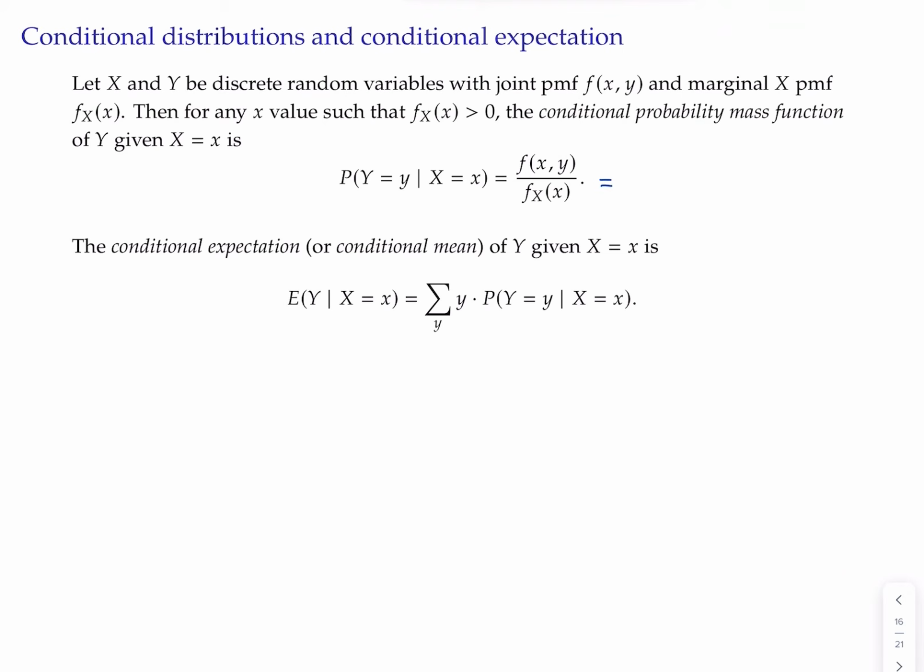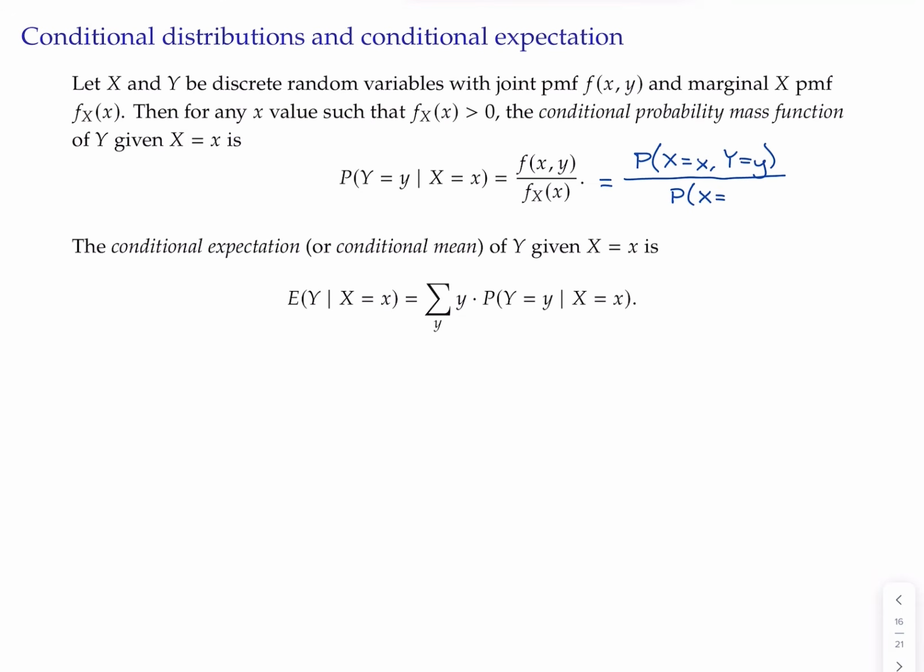This is actually just an application of the definition of conditional probability that you know from our study of probability. If you think about that numerator, that joint PMF value, what is it for discrete random variables? Well, it's the probability that x is equal to 2 in our example and y is equal to 3. An intersection probability. And what's the denominator?